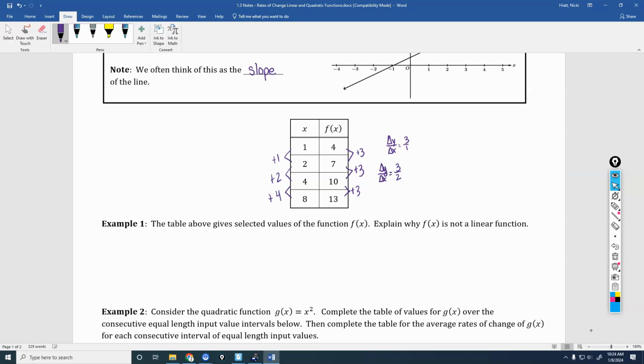And then for the last one, my change in y over change in x is 3 over 4. So we could say something like the average rate of change is not constant.